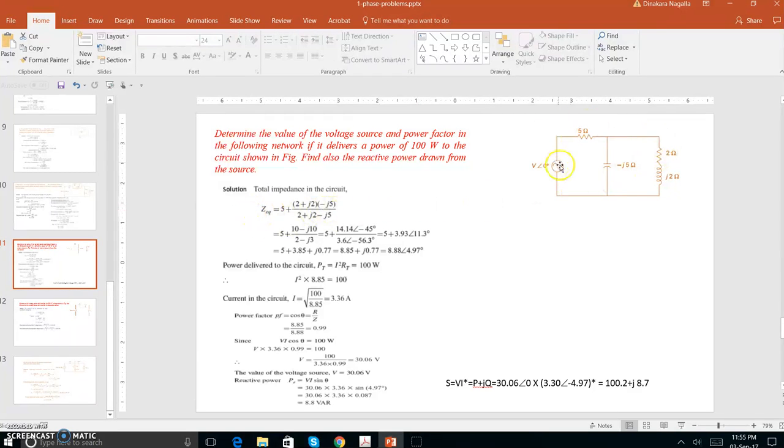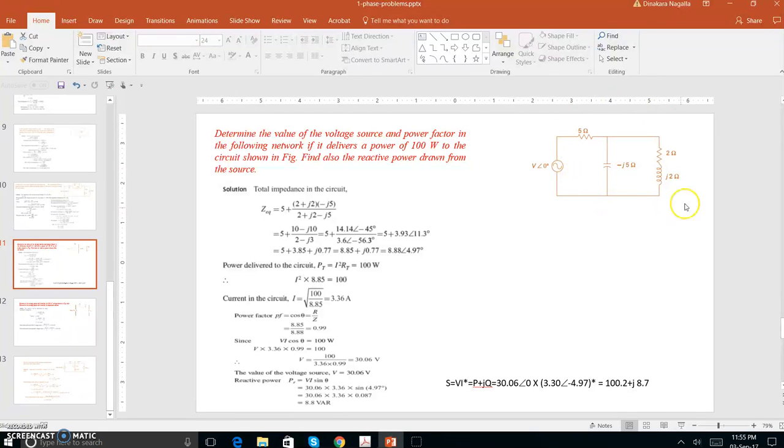Z equivalent can very easily be obtained: 2 plus j2 in parallel with minus j5, and the combination is in series with 5 ohms. Now the power delivered by the source is given as 100 watts, which is the magnitude of I squared into the resistance of this Z equivalent. From this, the magnitude of the current can be obtained.